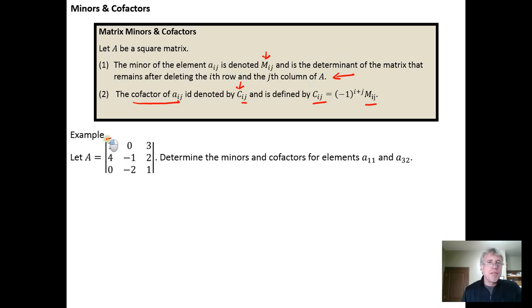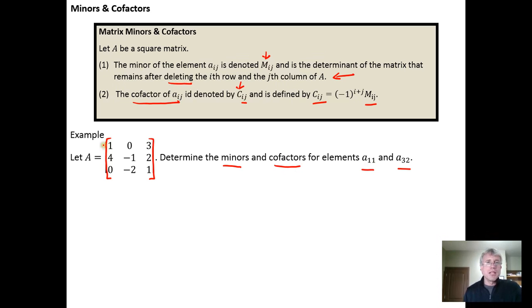So I should have matrix notation on this. Let A be this fabulous matrix right here. Determine the minors and cofactors for elements A11 and A32. So A11, what you would do is take row 1, column 1, because the minor you get by deleting the ith row and the jth column.